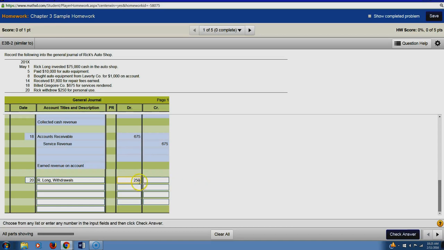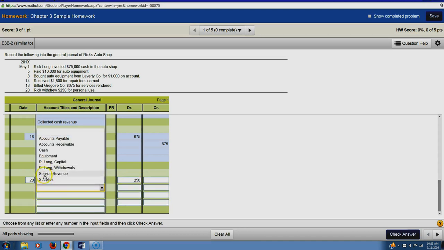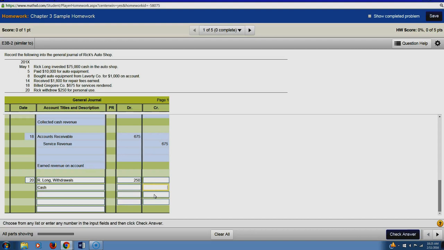So we're adding to the withdrawals account, which in effect would cause a reduction to capital later on in the cycle when we transfer the withdrawals as a negative into the capital account.